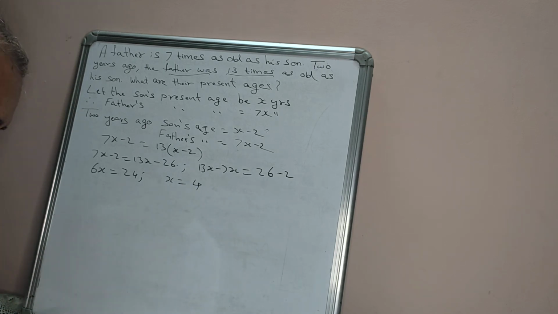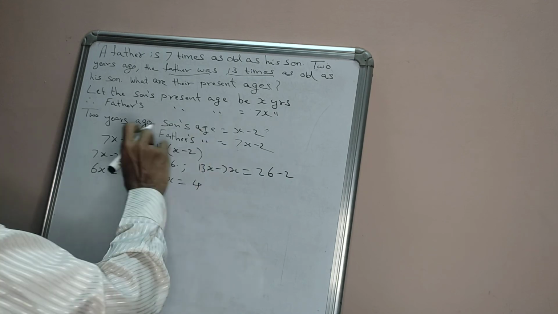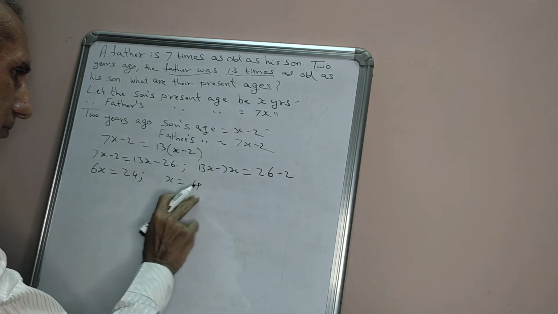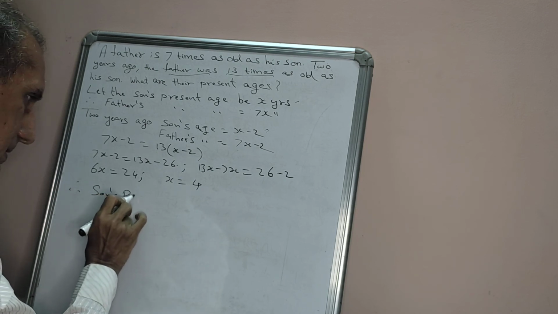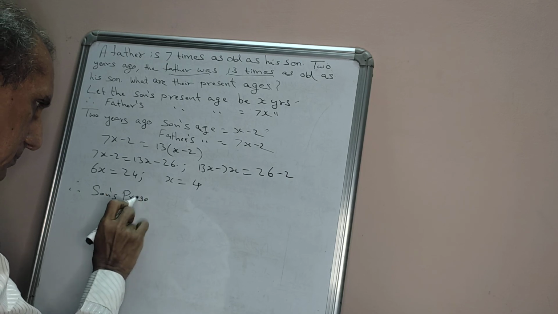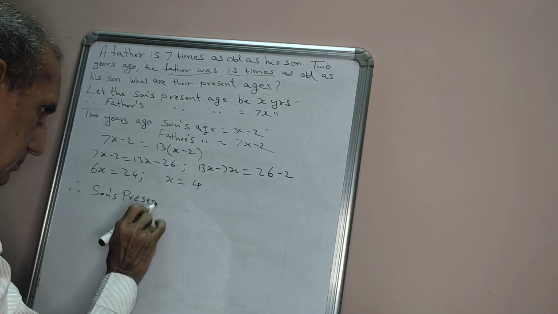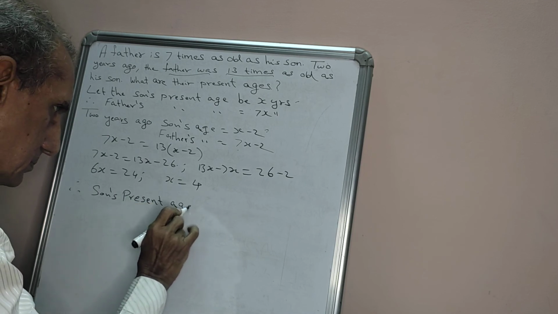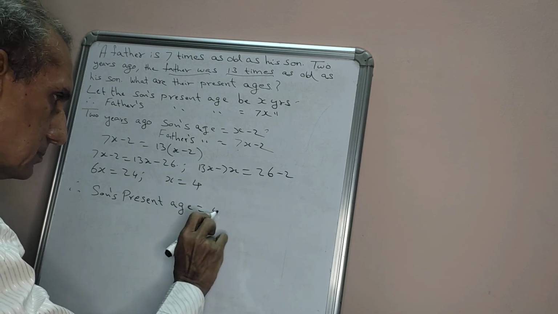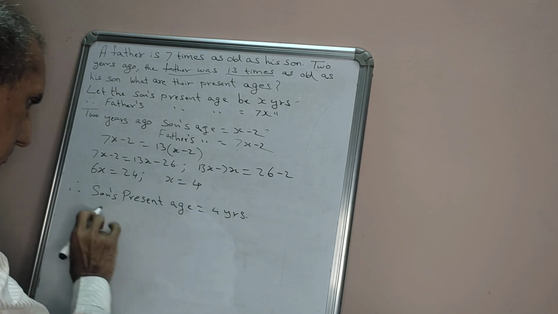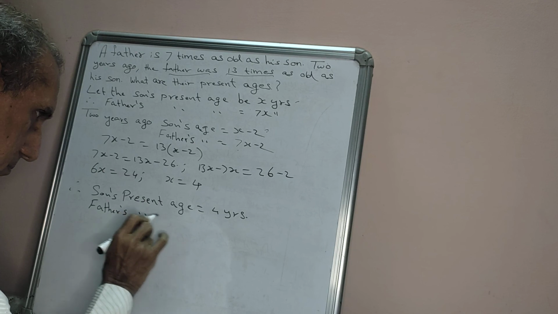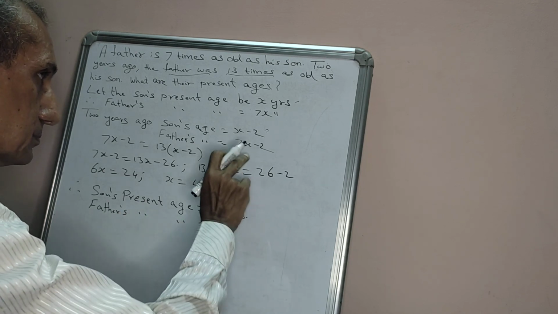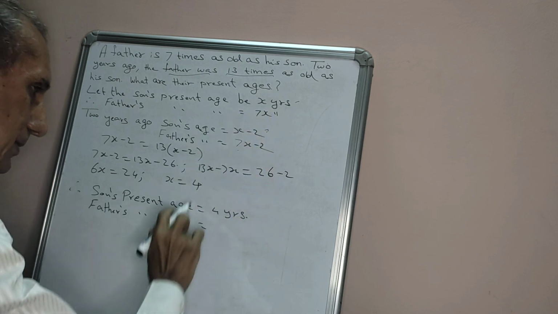Okay, so when I got x is equal to 4, that means the son's present age is x years, and x I got is 4. Therefore, the father's present age is 7x, which is 28.